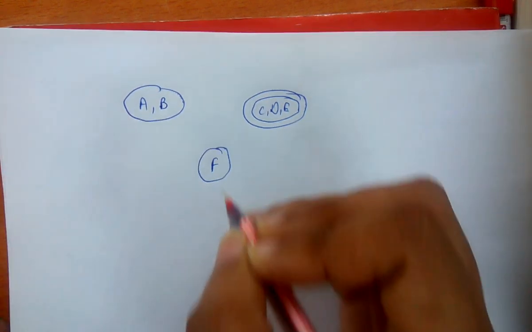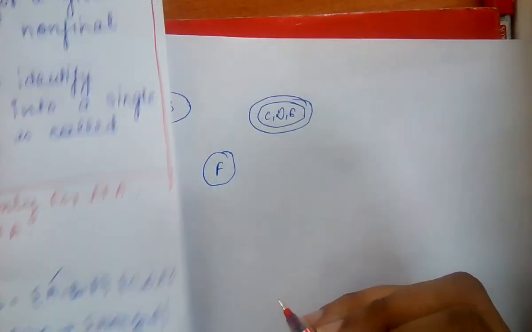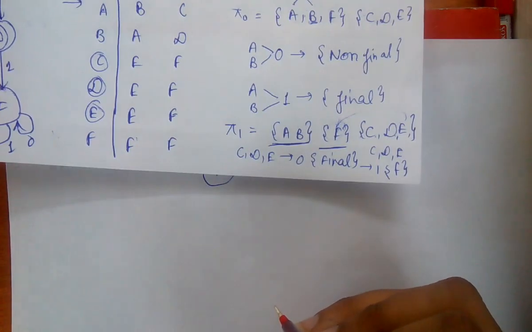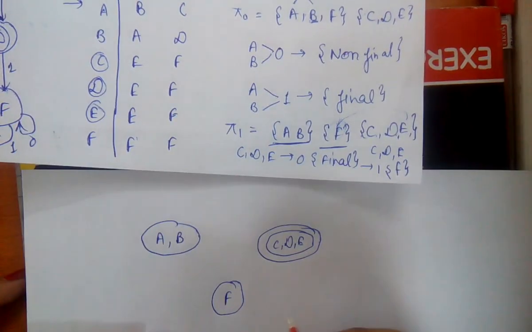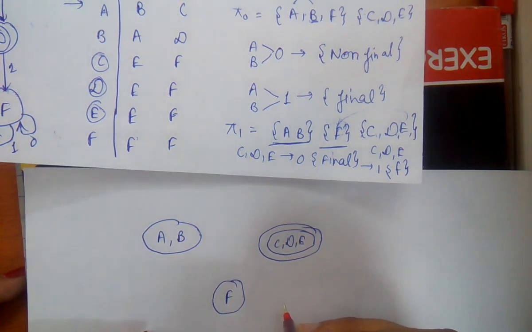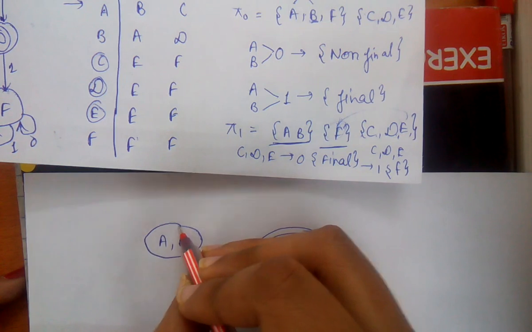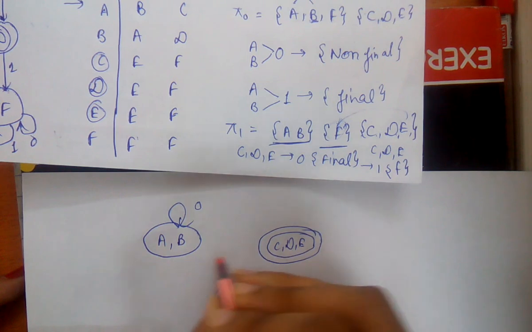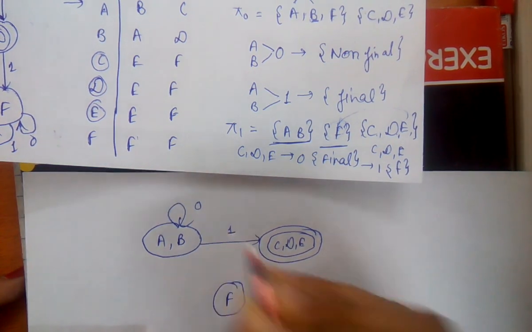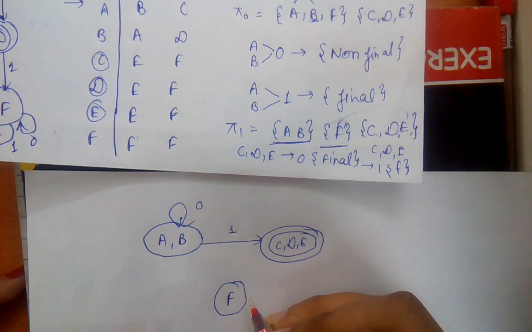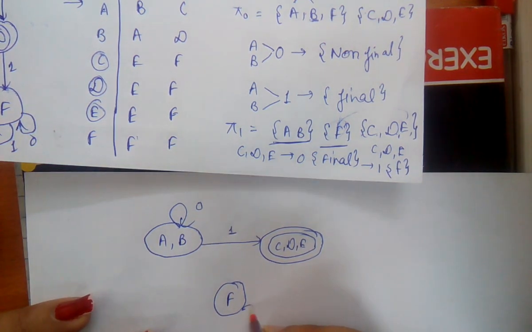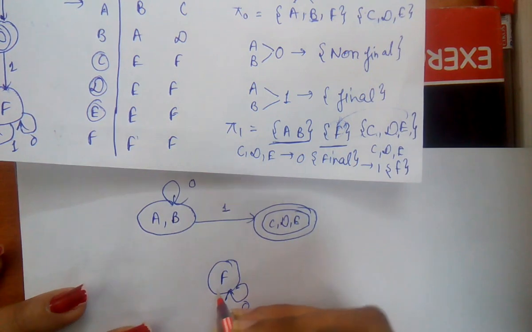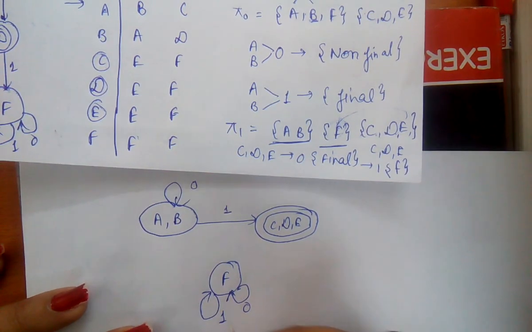Now if we see the transitions, if we provide 0 to A and B, it is going to this set only. And if we provide 1 to A and B, it is going to the set C, D or E. Now if we provide 0 to F, it is going to itself only, and if we provide 1 to F, it is going to itself only.